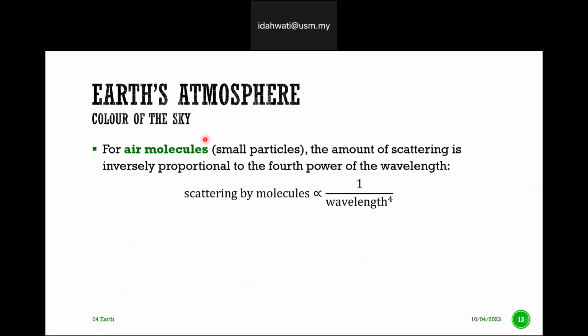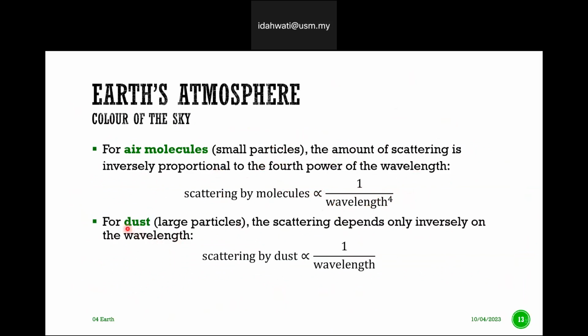For air molecules or small particles, the amount of scattering is inversely proportional to the fourth power of the wavelength. This is their relation. But for dust, large particles, the scattering depends only inversely on the wavelength.